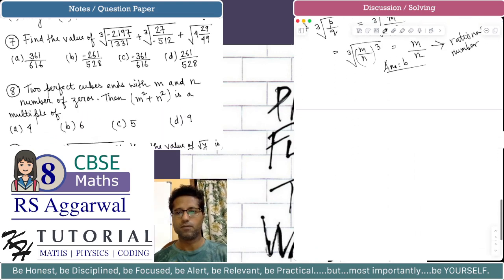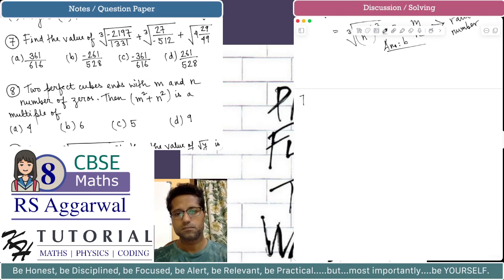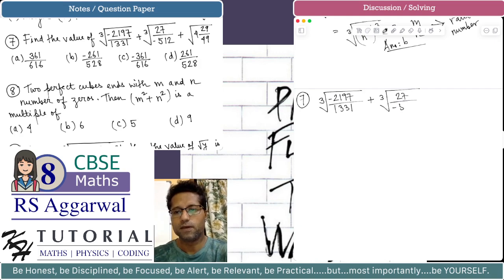Let's solve problem number 7. It is a simplification problem. We have to find the cube root of minus 2197 by 1331 plus cube root of 27 by minus 512, and we have plus square root of the mixed fraction 4 and 29 by 49.